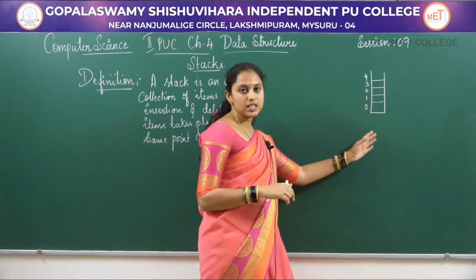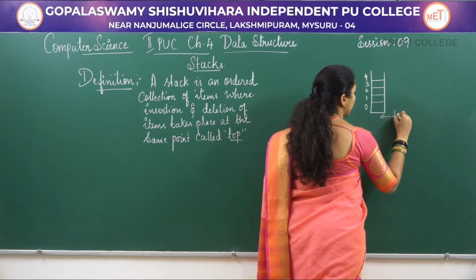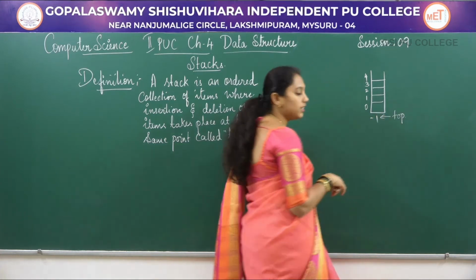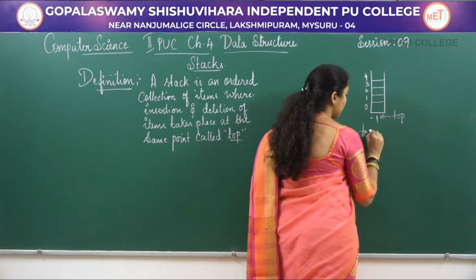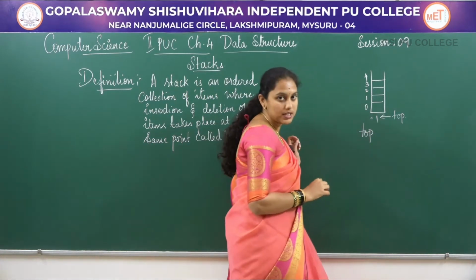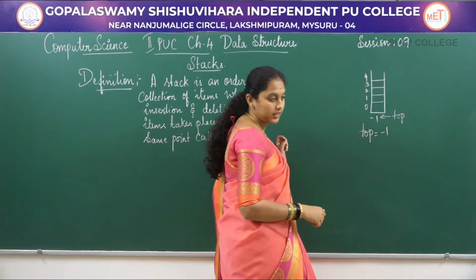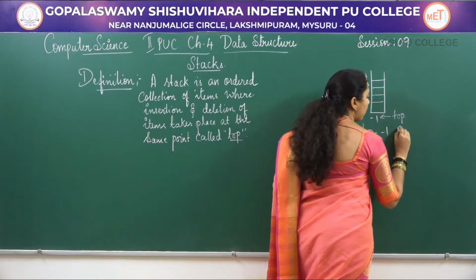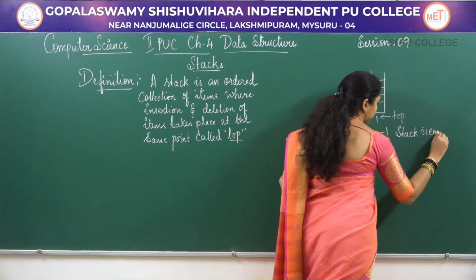So consider a stack. The stack is empty now. The top of the stack is usually -1 if the stack is empty. So if top is equal to -1, then it is called stack is empty.